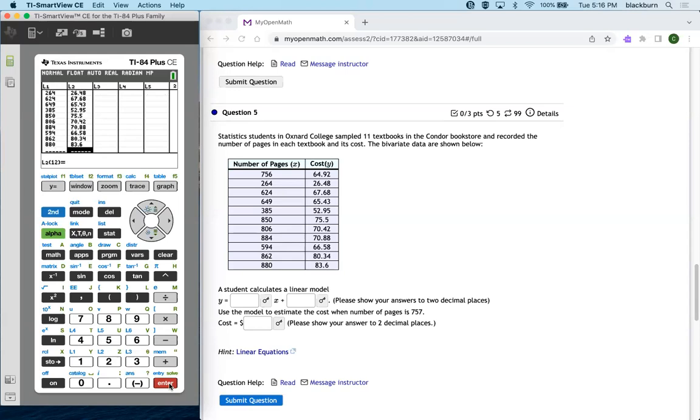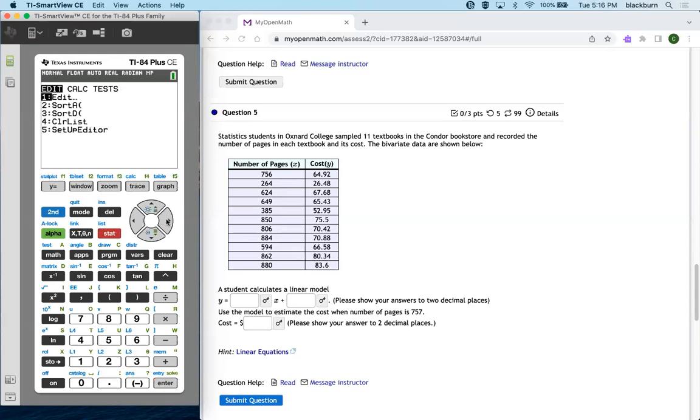All right. So there are my two lists. Now I got to find my y equals mx plus b. So I just go stat, calc, down the line reg, enter. X list is L1, Y list is L2, we don't have a frequency list. The regression equation, I don't need to store that anywhere.